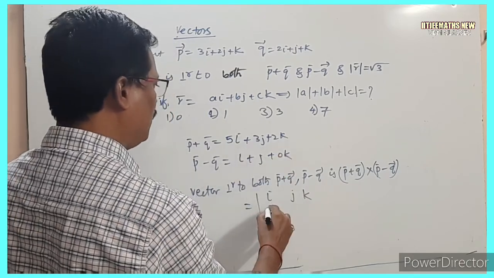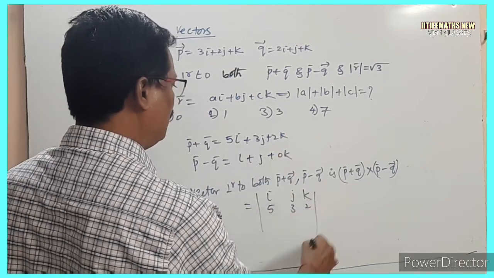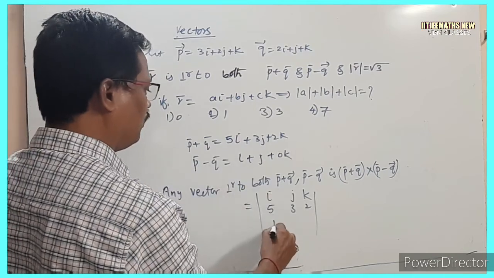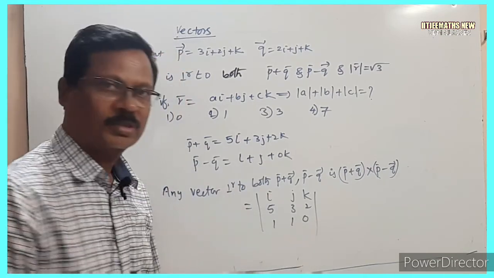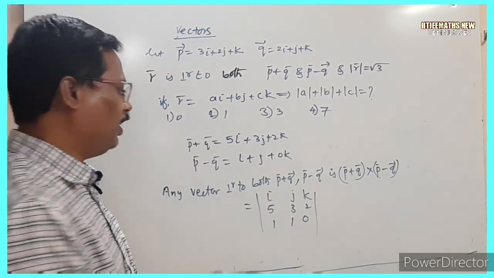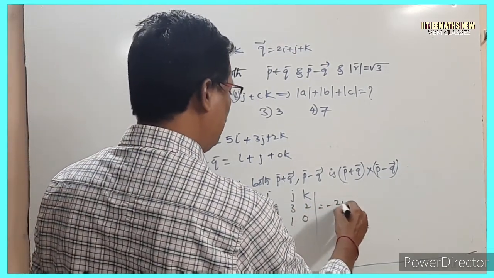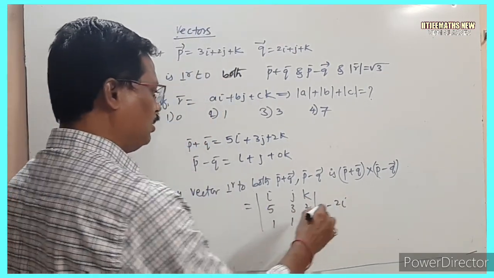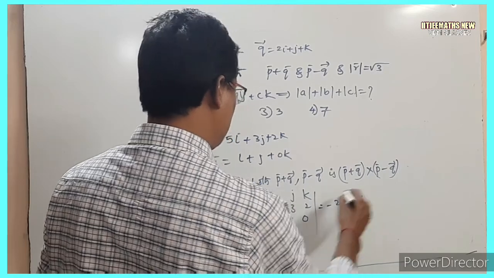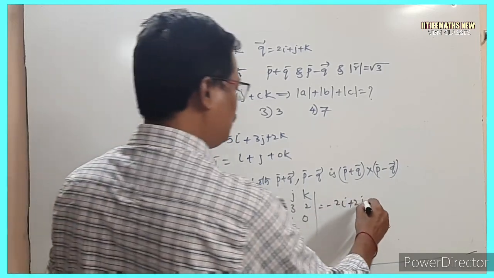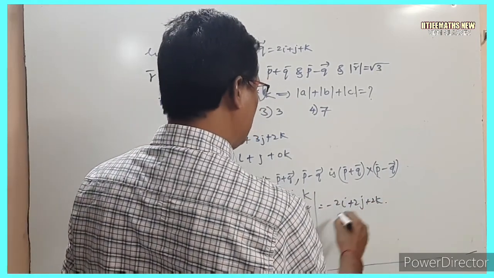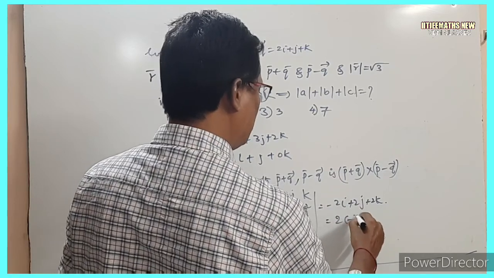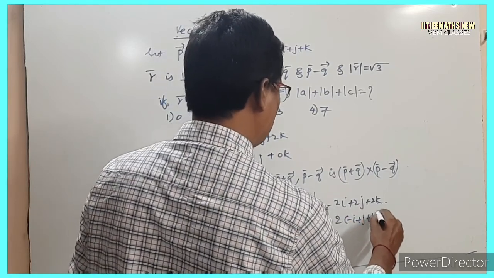P bar plus Q bar is 5 3 2. P bar minus Q bar is 1 1 0. Simplify, this is minus 2i plus 2j plus 2k. Therefore 2 common, minus i plus j plus k.